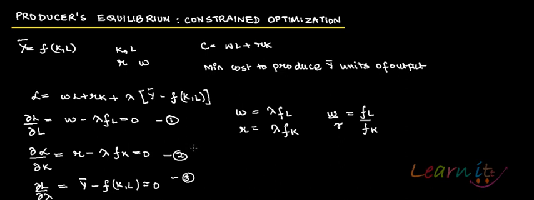At equilibrium this equality has to be maintained. Using this condition and the last condition, you can find the values of K, L and lambda. Now you have to check whether the second order conditions are also satisfied.